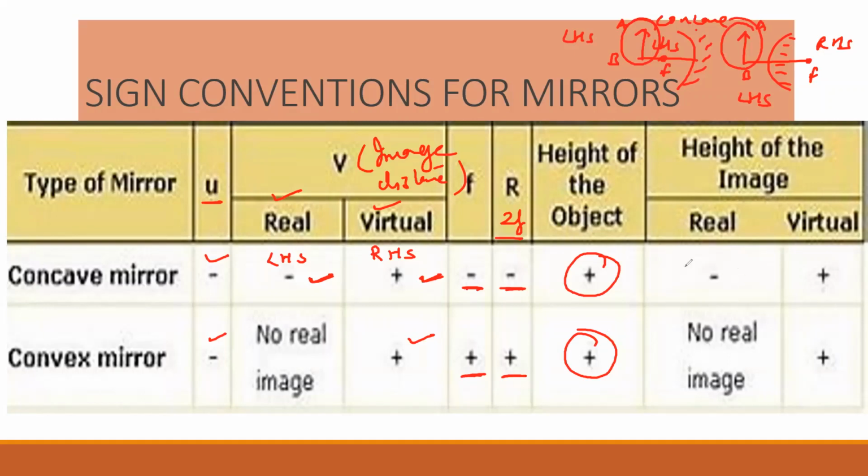Height of image: real images always form below the principal axis, so it is negative. Virtual images always form above the principal axis, so it is positive. This table will help you understand sign convention for mirrors.